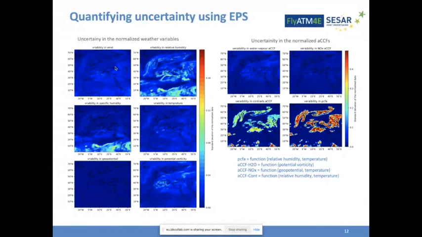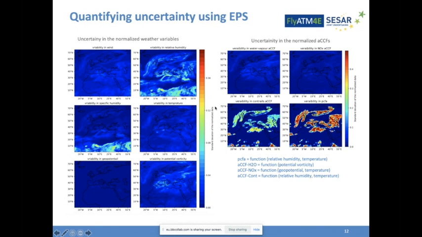But here is the standard deviation of weather data, normalized weather data, which shows the uncertainty. The left plot shows the standard deviation of the weather data. We can see that in the relative humidity, there is high uncertainty, about 10%.